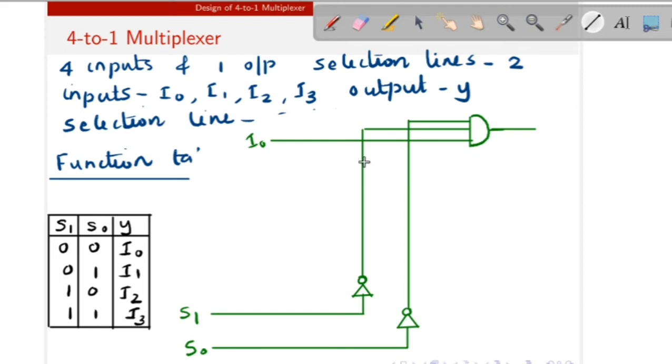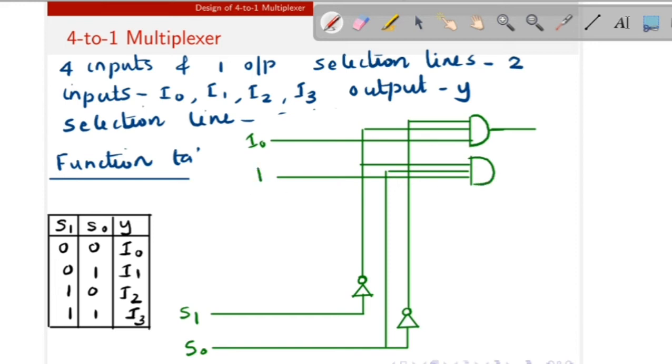Then next, S1 is equal to 0 and S0 is equal to 1, then I1, and together this is I1. We generate the output I1.